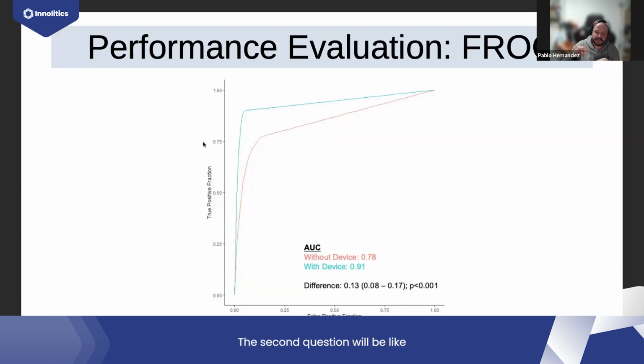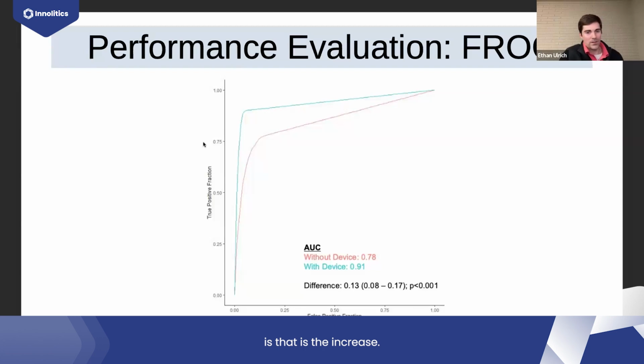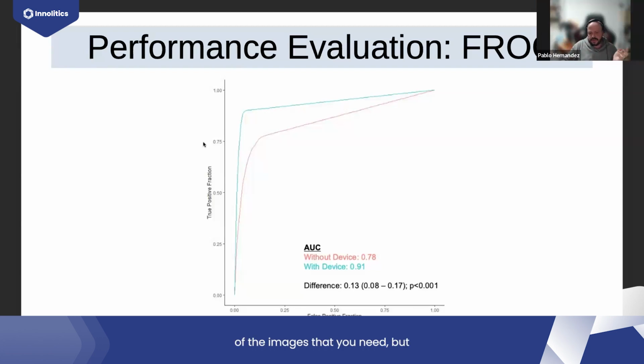The second question would be, if the device, instead of just doing one thing, is doing multiple things, like two more class A, two more class B, two more class C, would it be an increase of the size of the images that you need, but linear, like okay, three types, you need 3 times the number of images, or will it be more? You need a biostatistician doing the work there and saying, no, you need, whatever, half of that because this or that.